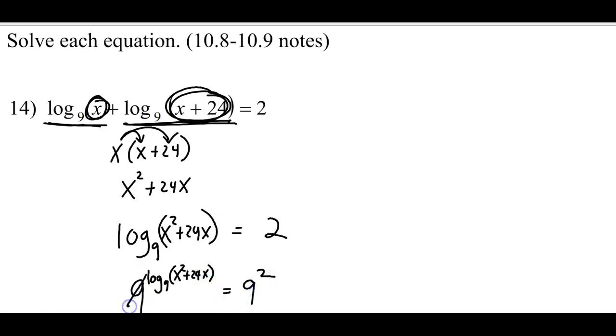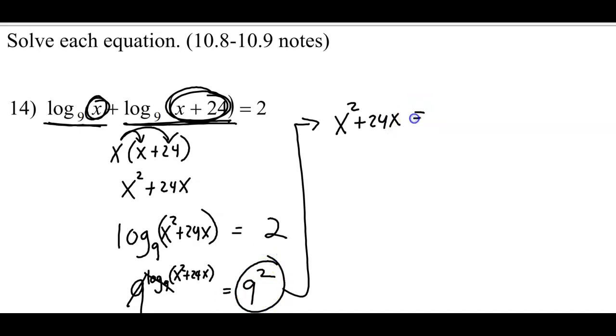On the left side here, these two things cancel out, and I'm left with x squared plus 24x. And on the right side here, we have 81. And this is a quadratic. Anytime you've got a square in there, that's a quadratic.